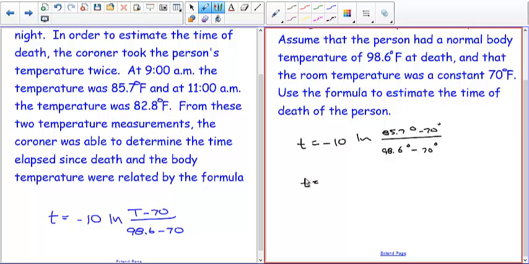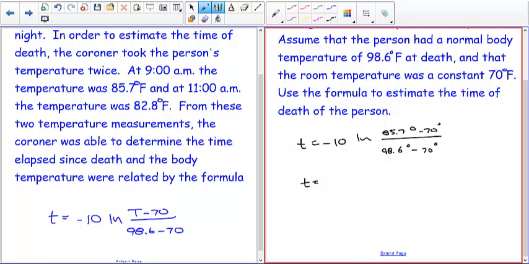That's one thing about when you have an equation that has logarithms and the equation involves things that have units. The units have to cancel out, because you can't take the natural log of time or the natural log of degrees. So in this case, the degrees cancel out, so that's a good thing.